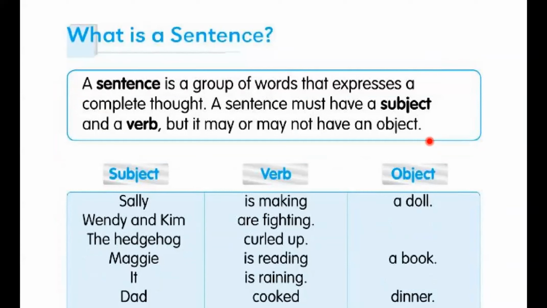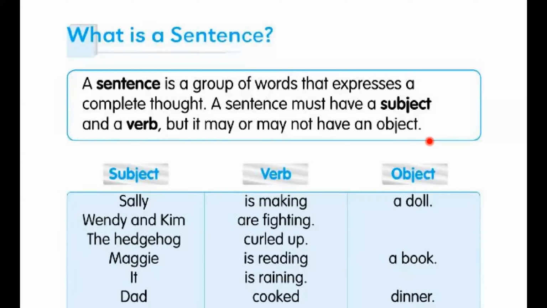So what is a sentence? Group of words जो complete thought एक meaning form करते हैं. So that is nothing but a sentence. और sentence में क्या होता है? A sentence has a subject and a verb. And it may or may not have an object. For example, she is a girl.